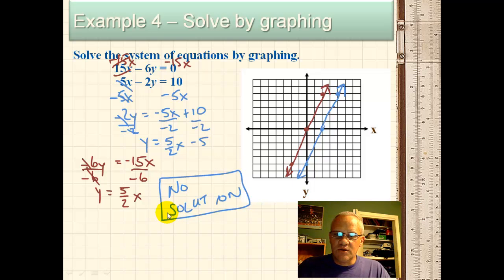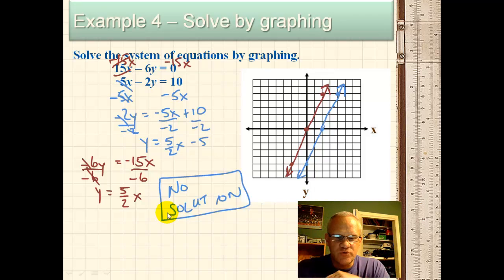So notice we did a couple there where they crossed in one spot and the solution was just that one point. We did one where the two lines were the same line, so there's infinitely many solutions. And then we did one here where they're parallel lines where there's no solution. So that's some of the different possibilities that could happen.